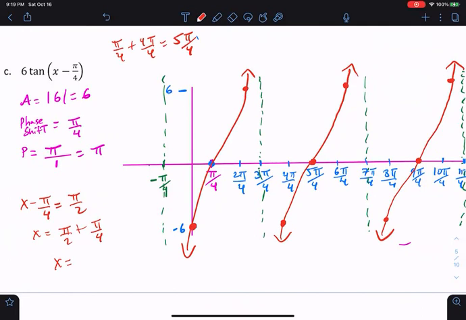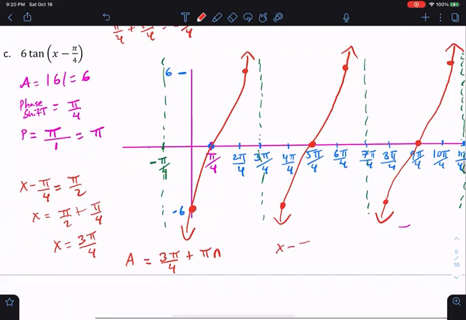Okay. So if we solve for this, we get 3 pi over 4, right? Multiply by 2, yeah, that's 3 pi over 4. So this is going to be 3 pi over 4, the asymptote. Well, the asymptote is going to be at 3 pi over 4 plus a period times n, right? And then the next asymptote is going to be at x minus pi over 4 equals negative pi over 2.